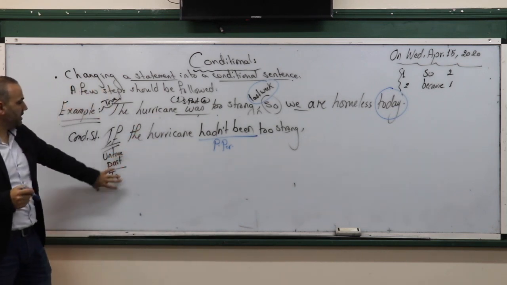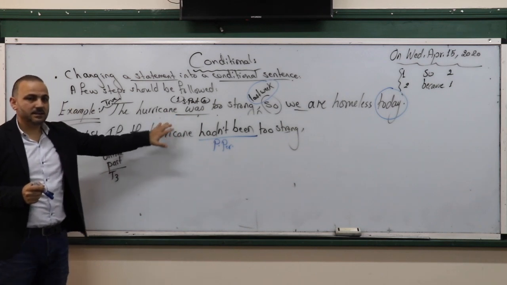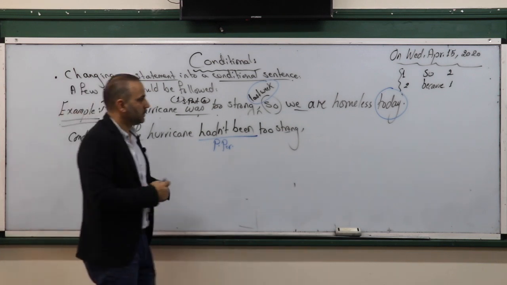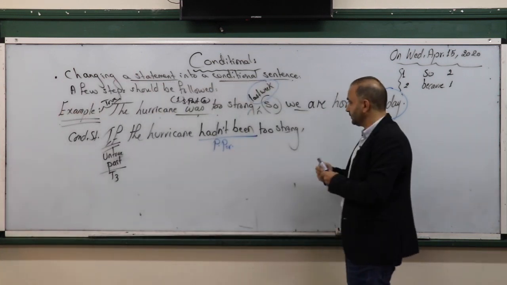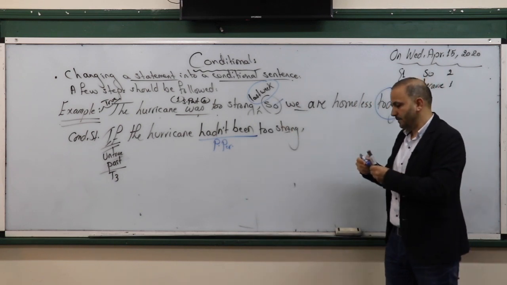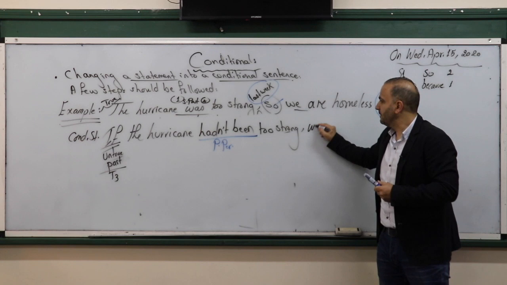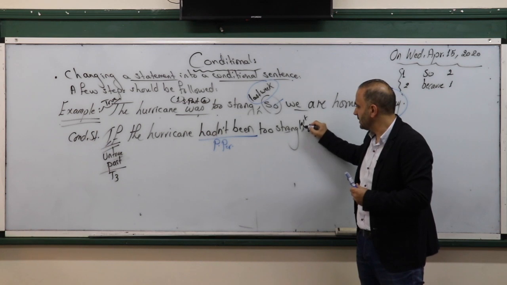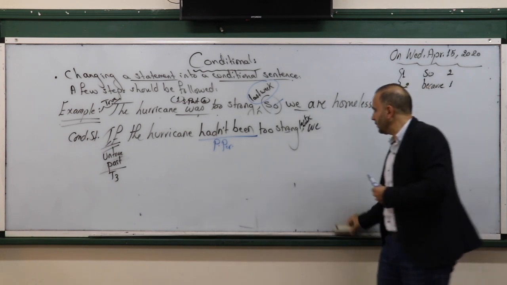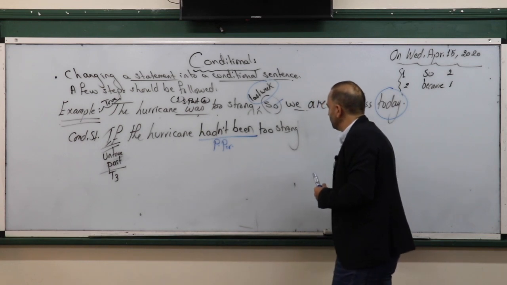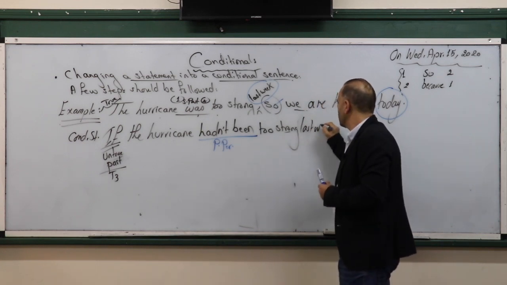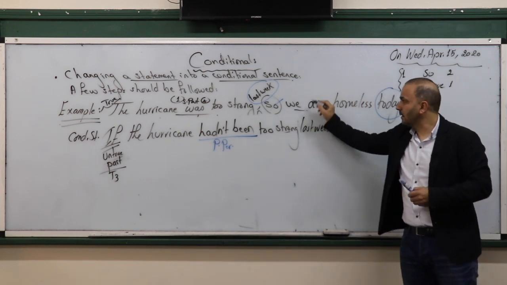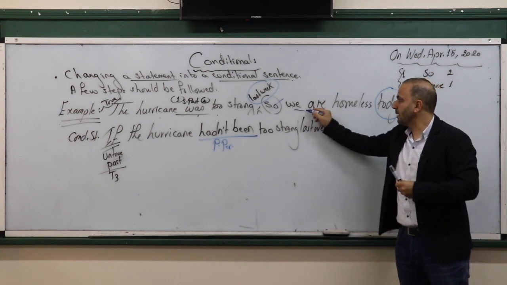I don't want to change anything here because it is concerning simple past, okay, with an if clause untrue past, so type 3, hadn't been too strong. Let's go for this. So here, as we said, we are homeless. If the hurricane hadn't been too strong, okay, last week, if you want to say it, no problem, okay? But anyway, look, here, last week, okay, so we are, that's what?